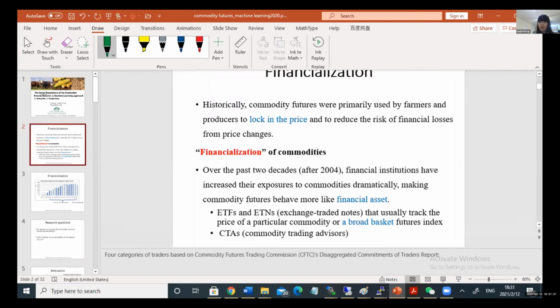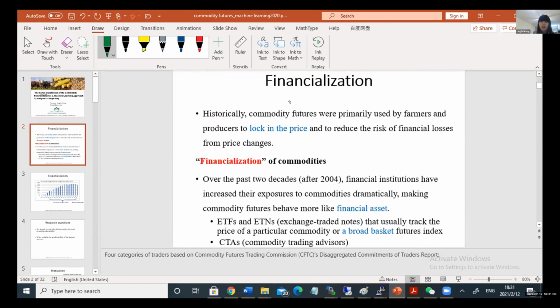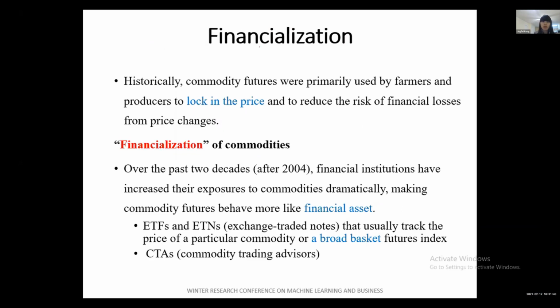So now let me discuss some background of commodity futures markets. Historically, commodity futures were primarily used by farmers and producers to lock in the price and to reduce the risk of financial losses. However, over the past 2 decades, that is after 2004, financial institutions have increased their exposures to commodities dramatically, making them behave more like financial assets.